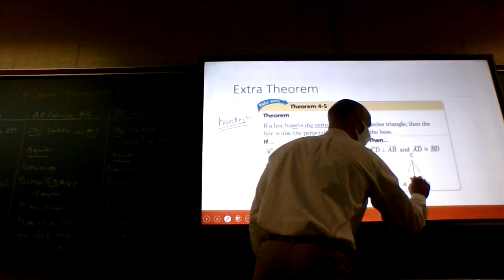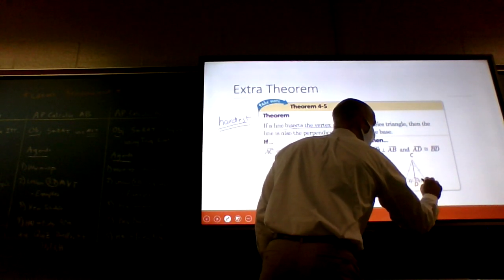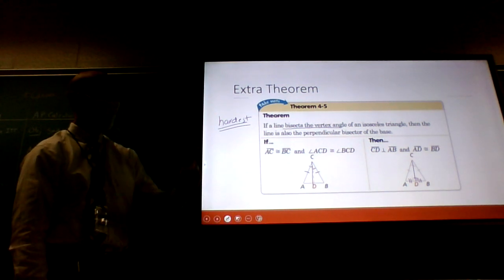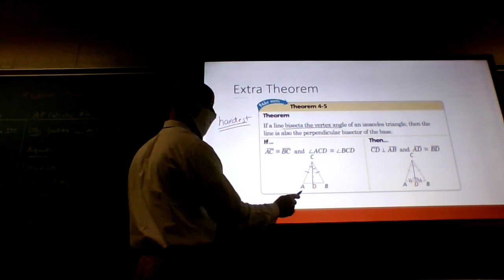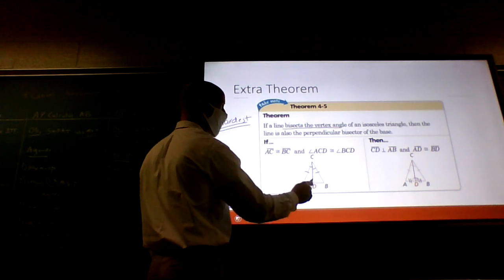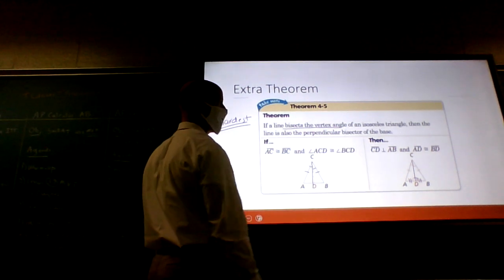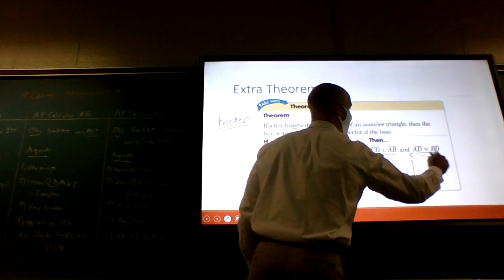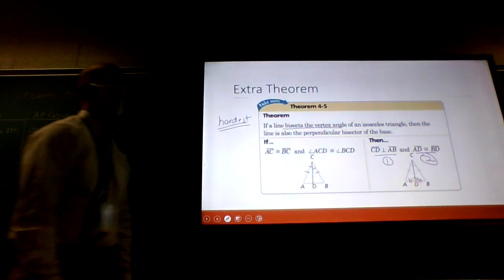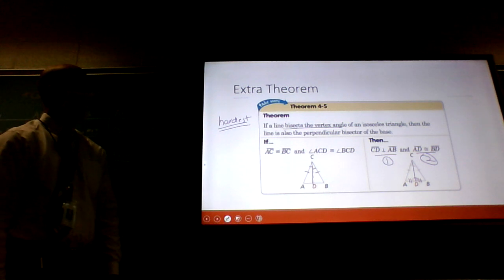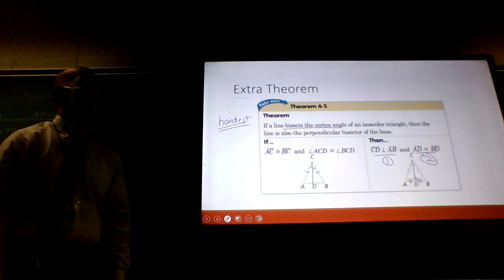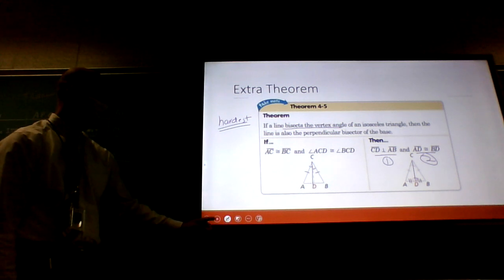And it splits this side here into two congruent segments. So if this angle bisector of an isosceles triangle bisects the vertex angle, then there are two things. There's one, and here's two. If you think about it, it kind of makes sense, but we'll talk about that more in a second.